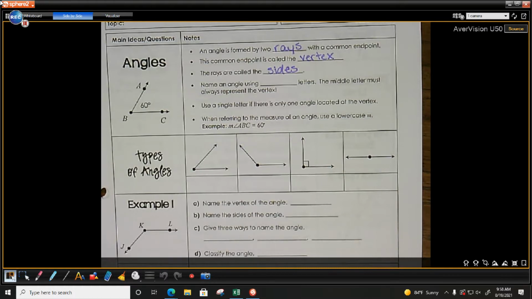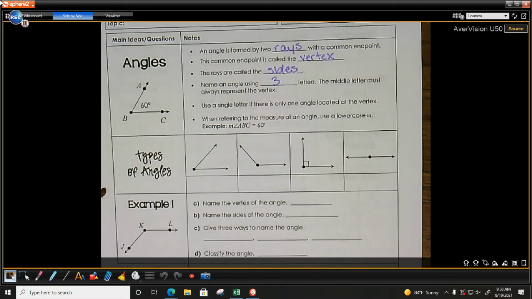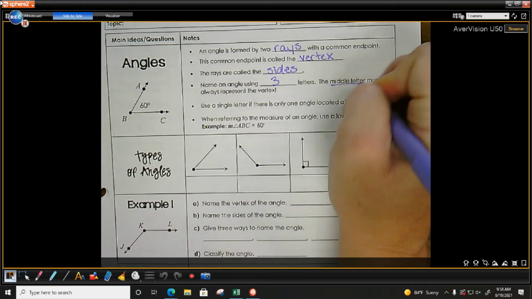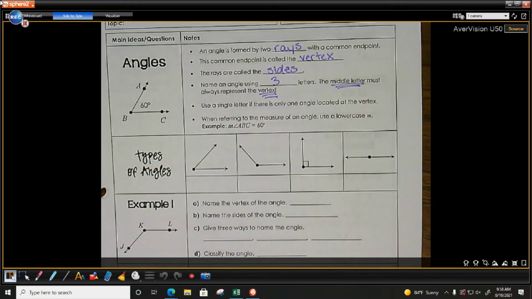You name an angle using 3 letters. The middle letter must be where the vertex is. Okay? The middle letter is where the vertex is. You also can use a single letter, so you don't always have to use 3 letters. You can use a single letter if there's only one angle located at the vertex.